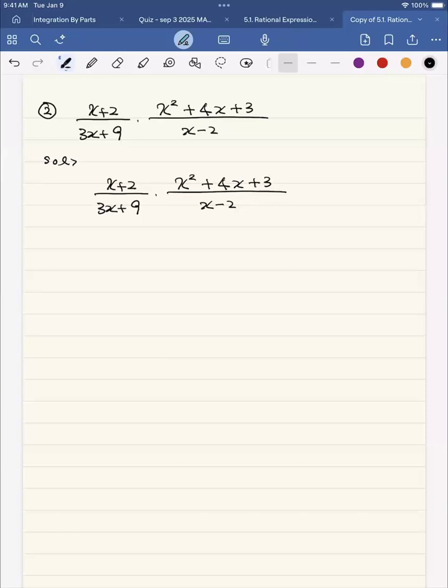Next problem is multiplying x plus 2 over 3x plus 9 and x squared plus 4x plus 3 over x minus 2.